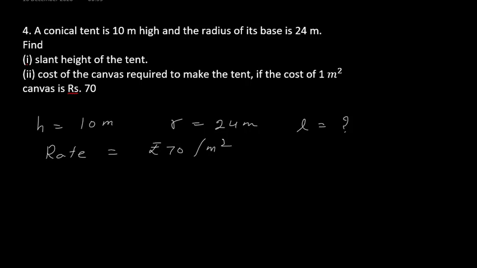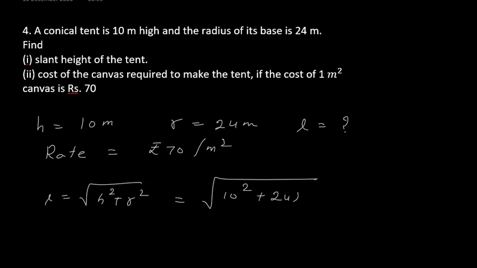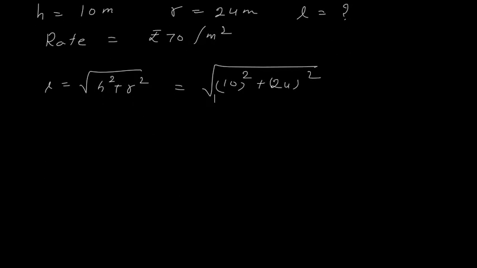First we have to find L. So formula for L is equals to root of h square plus r square. So this will be square root of h is 10 square plus 24 square. Now this 10 and 24, I can take 2 common. 2 5s are 10. So in square root we have 2 square, I will take common.